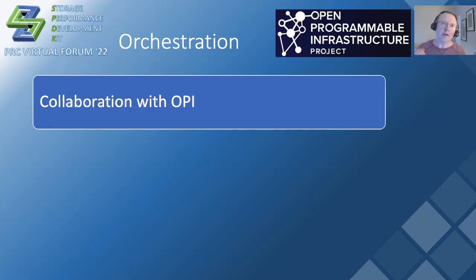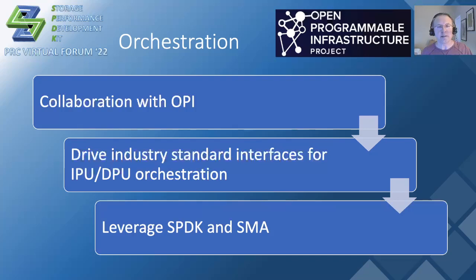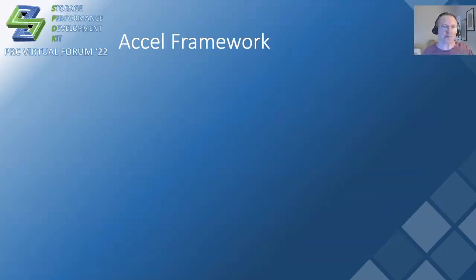So how do we create an orchestration framework that is going to work for the industry across these wide variety of IPUs and DPUs and SmartNICs? And so I think you can expect to see SPDK continuing to work closely in this area to really drive these industry standard interfaces. And a lot of them are going to be leveraging SPDK and SMA. We know that in this space, a lot of people are already using SPDK. We expect that to continue, and so SPDK is going to play a major role in this.